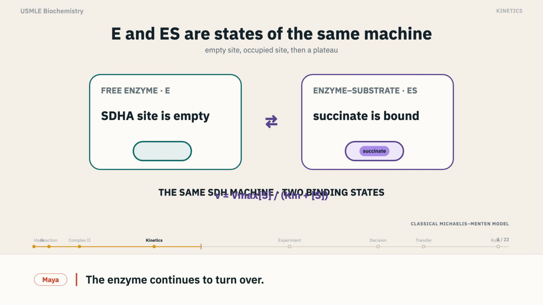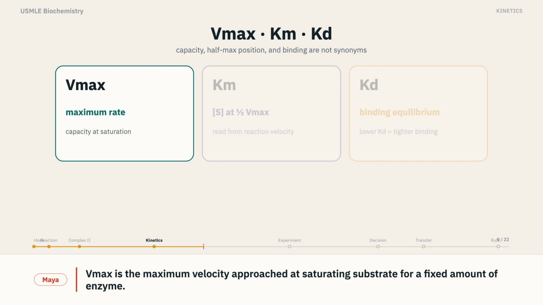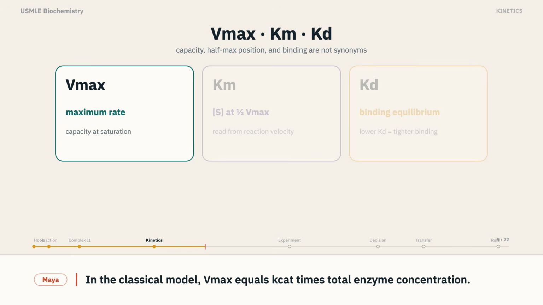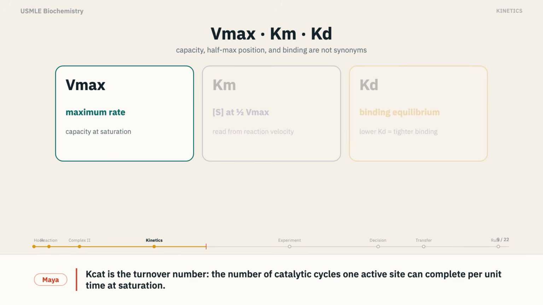The enzyme continues to turn over. The rate is limited by how much active enzyme is present and how quickly each active site completes its catalytic cycle. Vmax is the maximum velocity approached at saturating substrate for a fixed amount of enzyme. In the classical model, Vmax equals Kcat times total enzyme concentration. Kcat is the turnover number, the number of catalytic cycles one active site can complete per unit time at saturation.